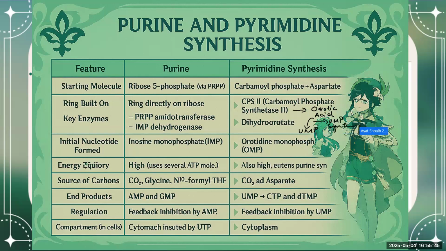By the way, the starting point was an amino acid. Orotic acid, orotic aciduria. This was the clinical part. This is the key regulating enzyme. So remember this enzyme, and UMP synthase. Carbamoyl phosphate synthetase and UMP synthase.